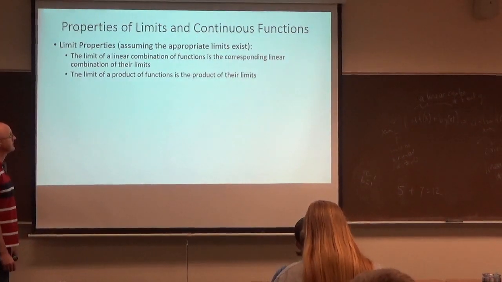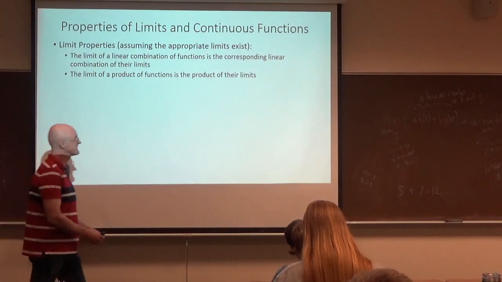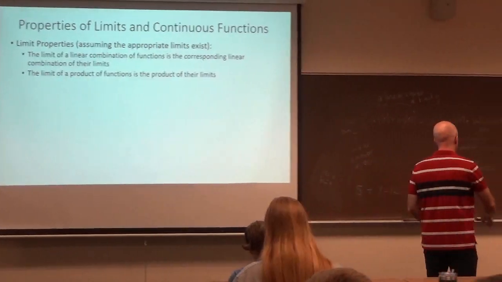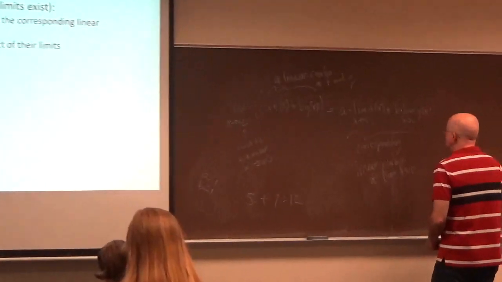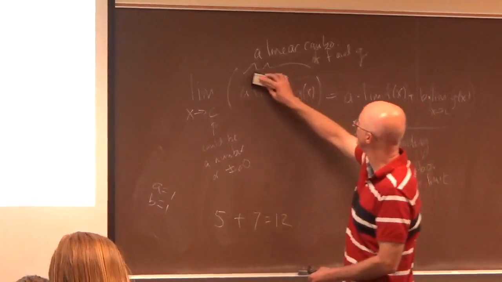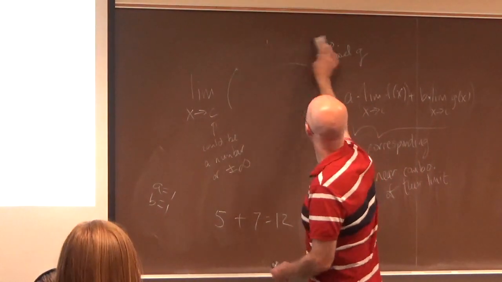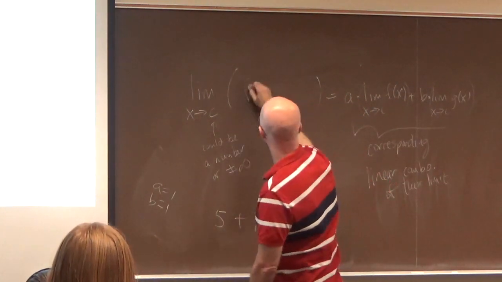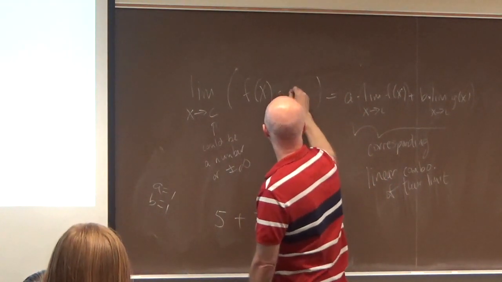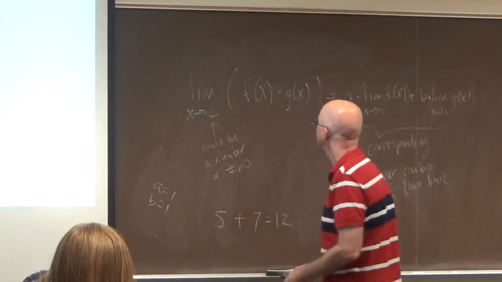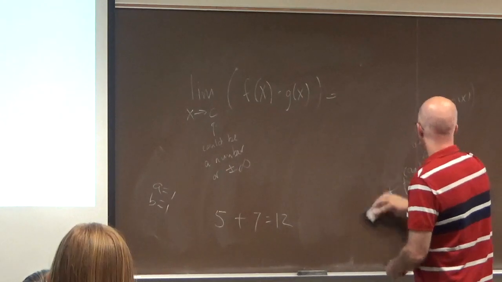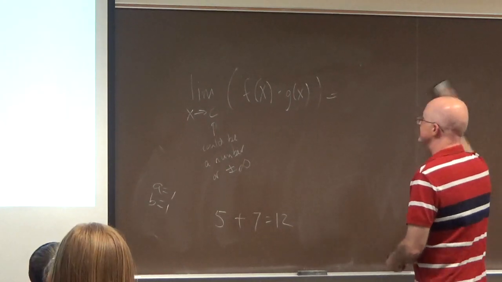Second property, the limit of a product of functions is the product of their limits. Again, all this is assuming the appropriate limits exist. So if I'm taking the limit of f of x times g of x as x approaches c, I get the corresponding product of their limits, assuming those limits exist.